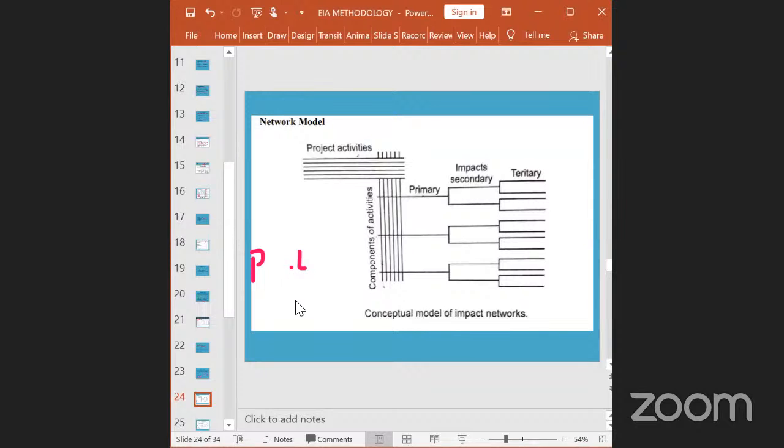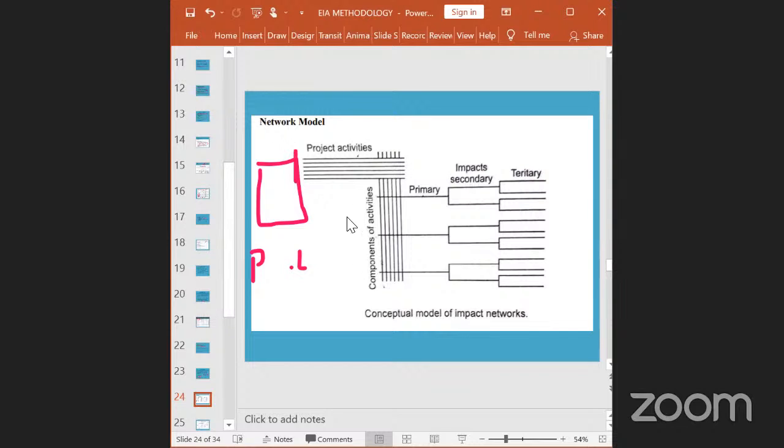I think all of you know about the roadmap on the topo sheet. So there is some roadmap there, right? So this network method is also like that, right?